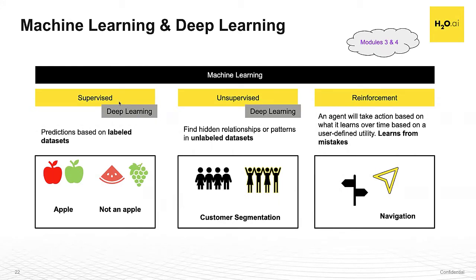So you'll see that in modules 3 and 4, with machine learning and deep learning. And then hopefully you'll be able to see what the benefits of one are versus the other, or when it's a better application to use deep learning than it would be to use machine learning for certain tasks.